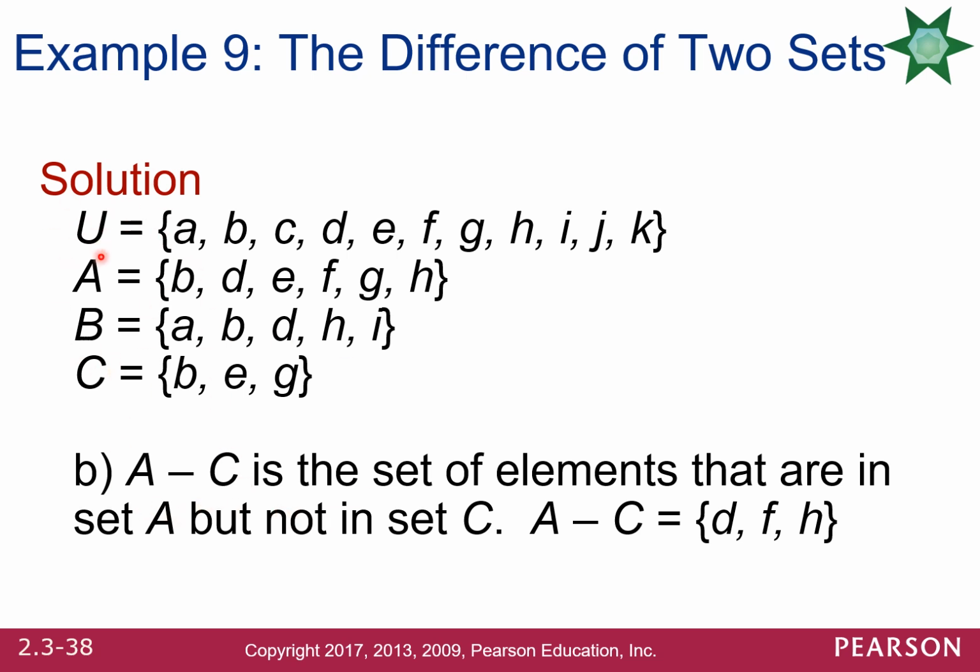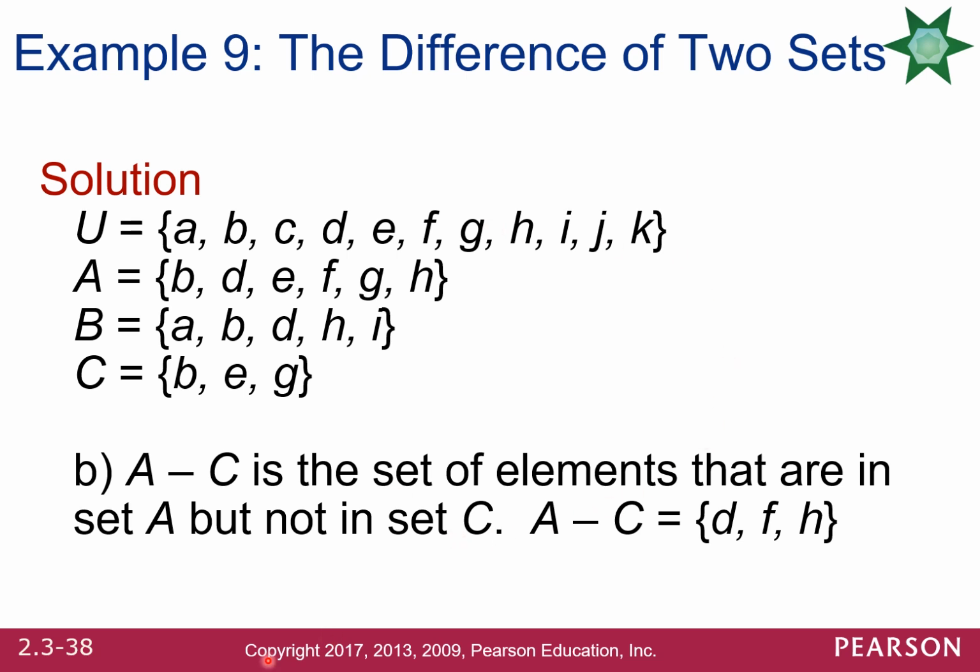Again, the elements in these four sets remain the same, but this time we are comparing A and C. I'm going to go through the set A and eliminate the elements that exist in set C. Whatever remains will be a part of set A minus C.